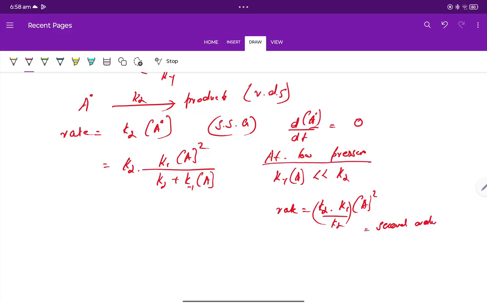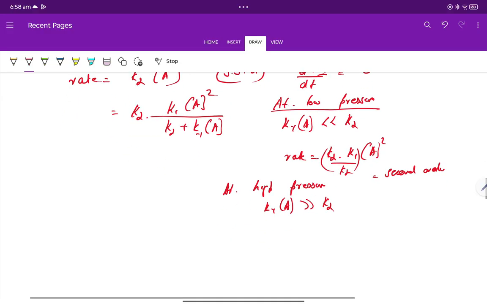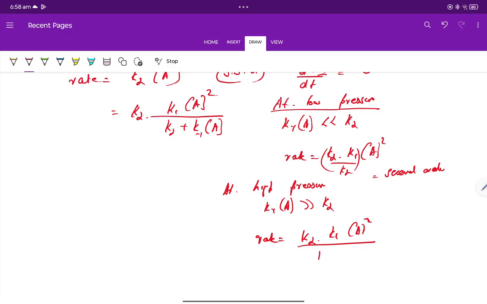That was under the condition of low pressure. Now at high pressure, what will happen? At high pressure, K inverse 1 A is going to be much greater than K2, so you can eliminate K2, so that the rate will be equal to K2 into K1 A square divided by K inverse 1 into A, with K2 cancelling.